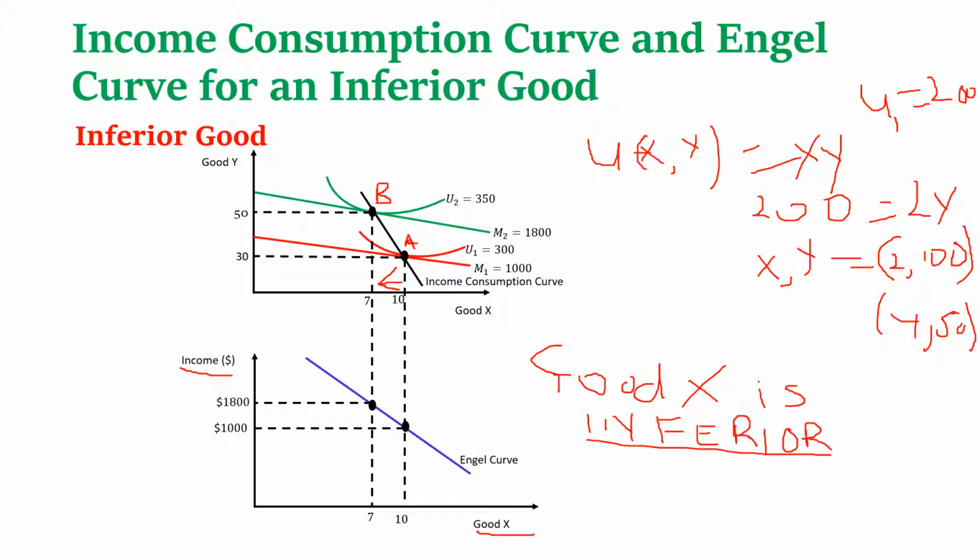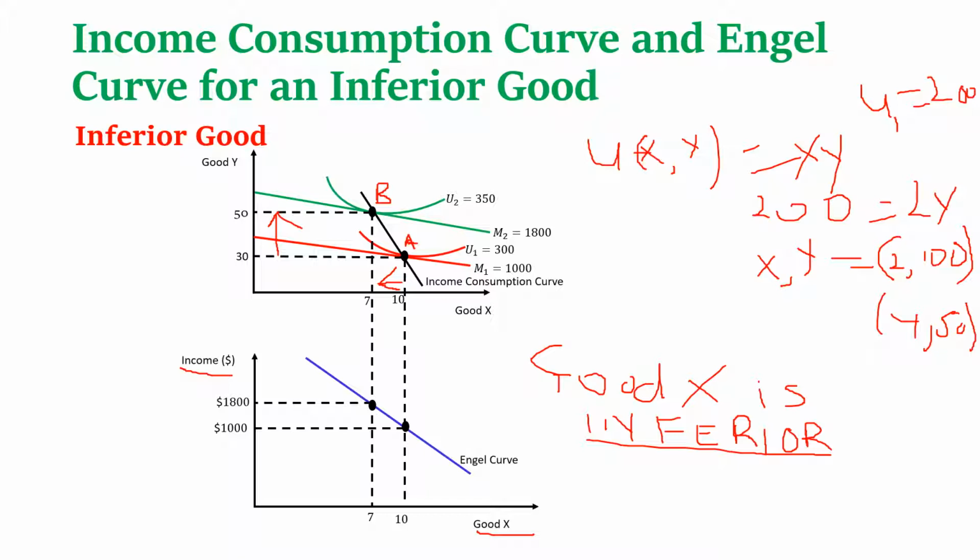But what happens to good Y? He consumes more of good Y when his income increases. So good Y is a normal good. I hope you get the point I'm making. So here, the inferior good is good X, and the normal good is good Y, because the consumer consumes more of it. If you can see here, the consumption of good Y goes up from 30 to 50, right? So that is a normal good.